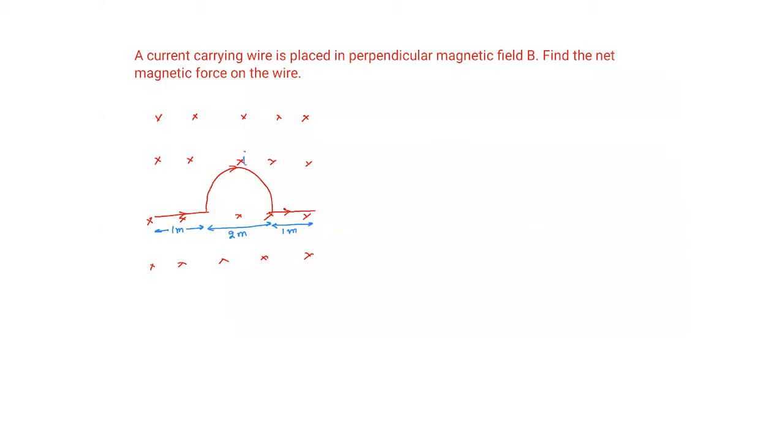Current is I. Magnetic field is B. Okay. So what are the options? Options I'll give you: BI, 2BI, 4BI, 3BI by 2. Yes, tell me, children.